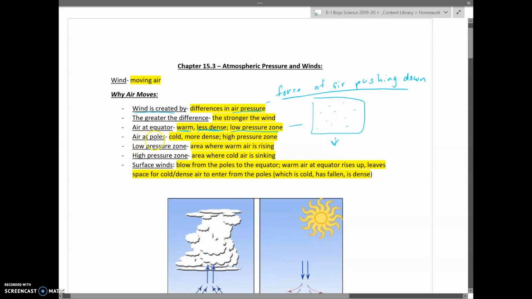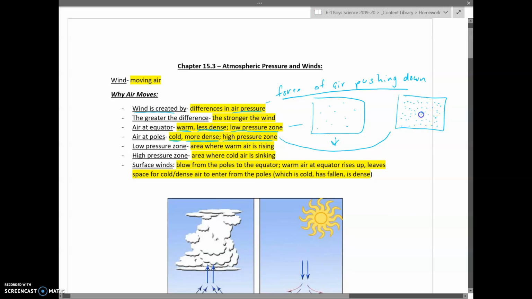As opposed to air at the poles, it's cold air, it's more dense because of the way the air molecules move when they have less thermal energy, and it's high pressure. It's high pressure because in the same amount of area, there would be a lot more air molecules crammed inside the same amount of space.